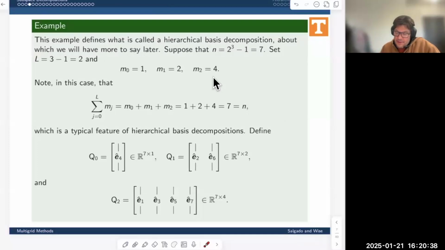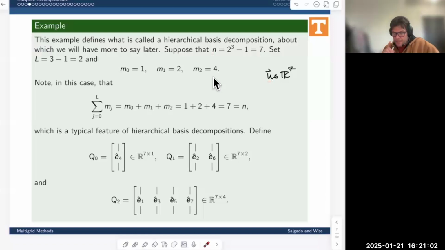We're going to start out with n equals 7, so we're going to grab a u, which is generically in the space R7. And the question is, how can I build these Q matrices, and then how can I find vectors so that I can rearrange things to add back to get u?